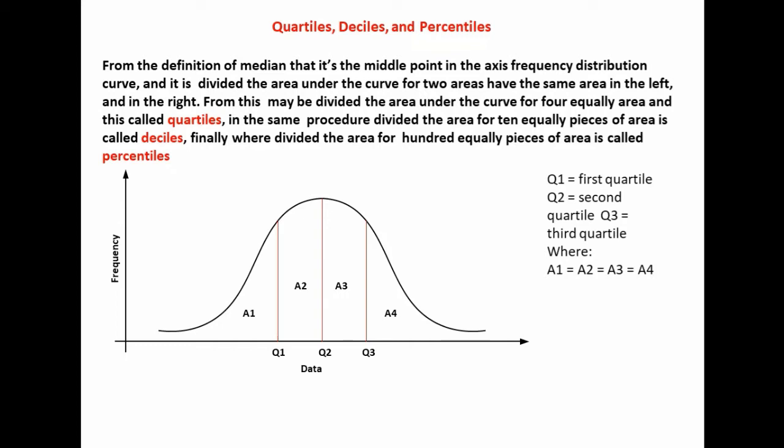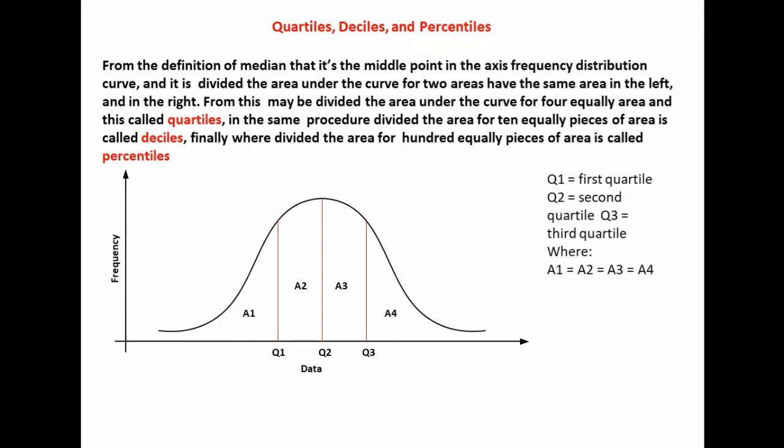From this, we may divide the area under the curve into 4 equal areas, and these are called quartiles. In the same procedure, dividing the area into 10 equal pieces gives deciles. Finally, dividing the area into 100 equal pieces gives percentiles.